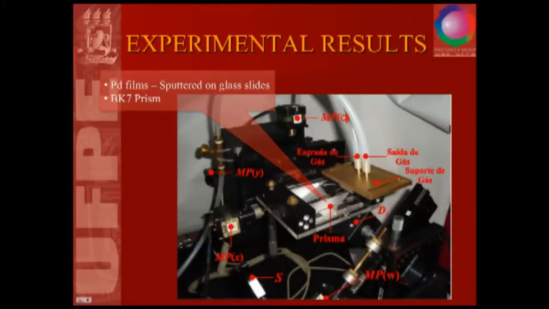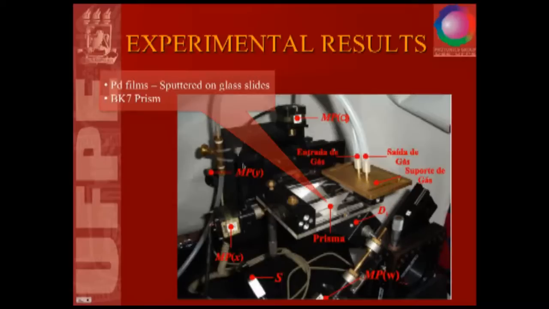This photograph shows the gas delivery system that we have. We still don't have a way to control the relative concentration of hydrogen in the sample. We just have a fixed concentration of hydrogen at 4% in a mixture with 96% nitrogen, and we have pure nitrogen, so you can switch gases and see the effect on the palladium surface.